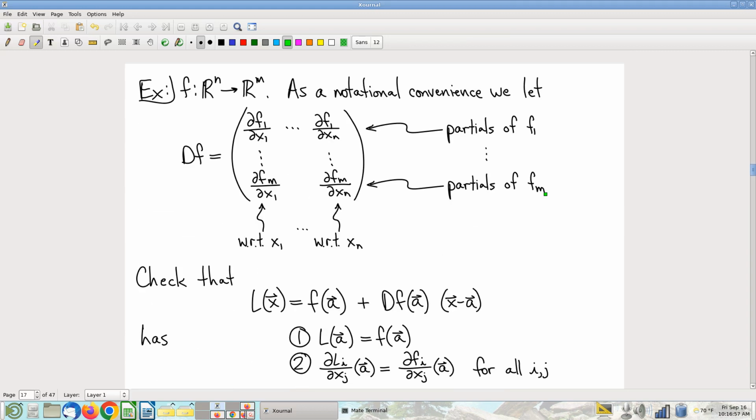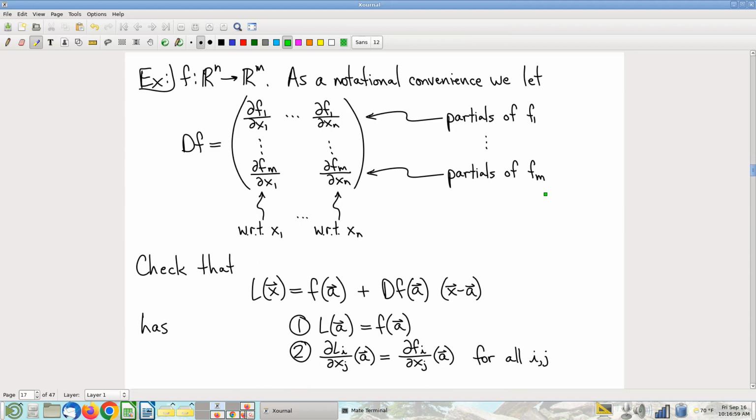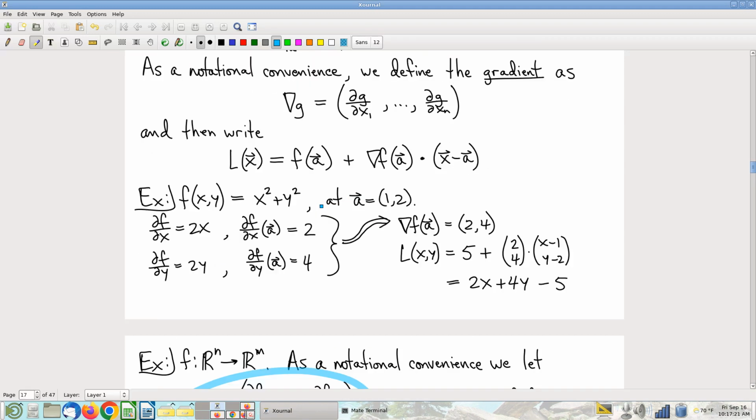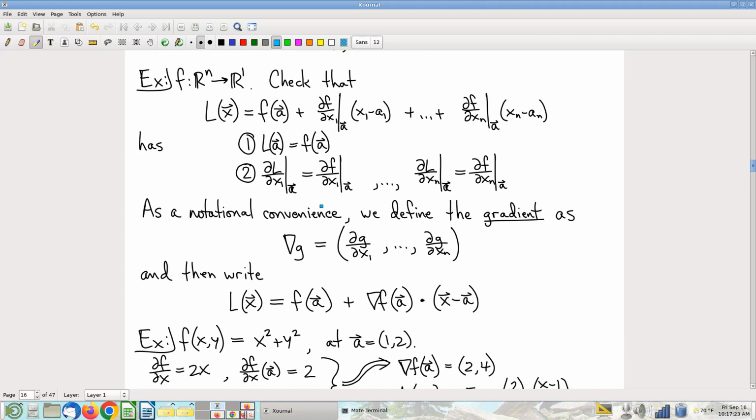And then for a vector-valued, multivariable function, the general case, we have this formula right here. I've had to define some things: this matrix of partial derivatives, you might call it, denoted as df. In fact, back here, for convenience, we found it useful to define the gradient vector.